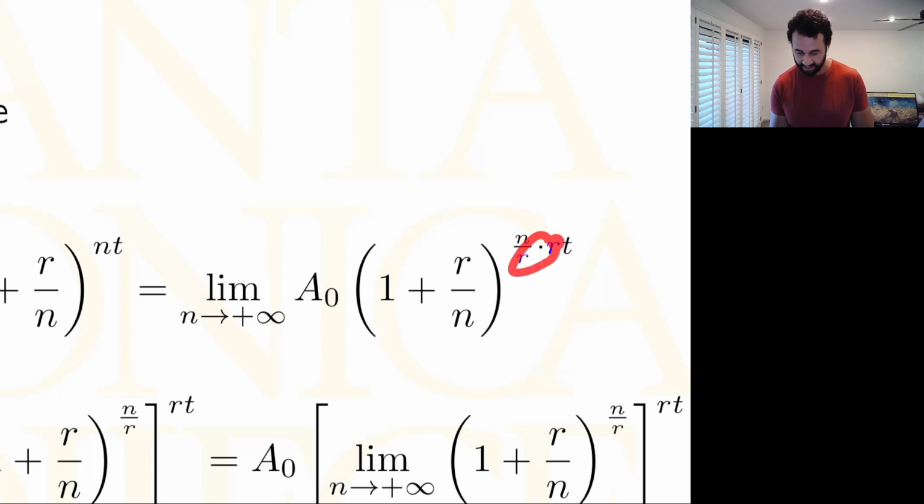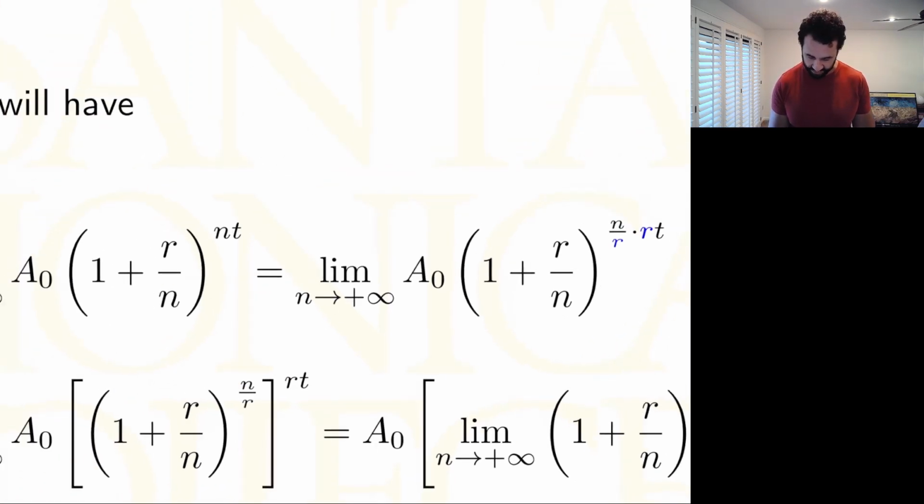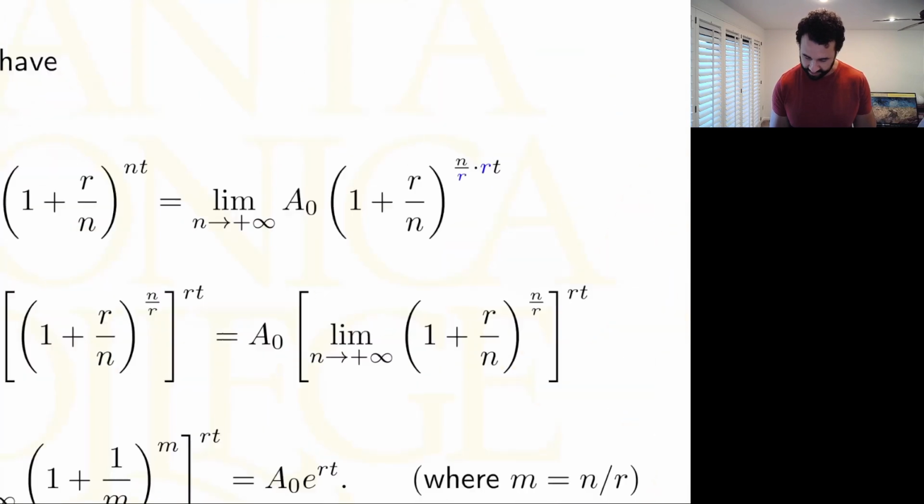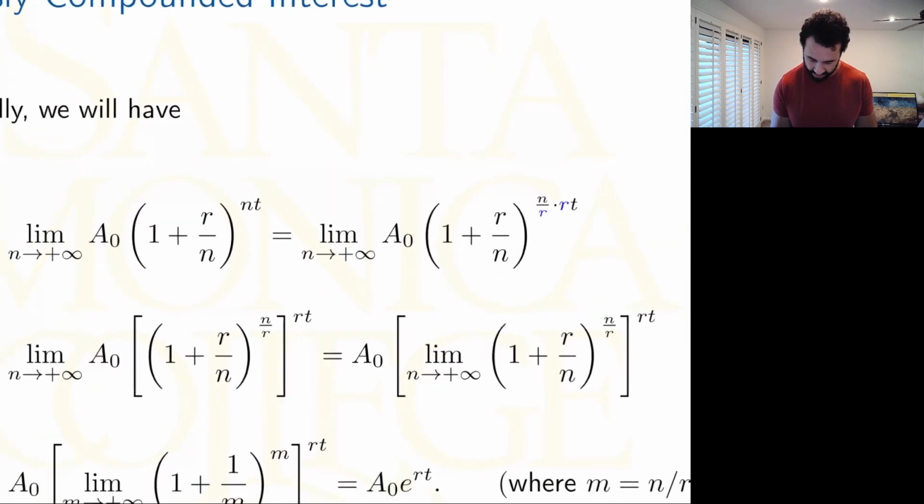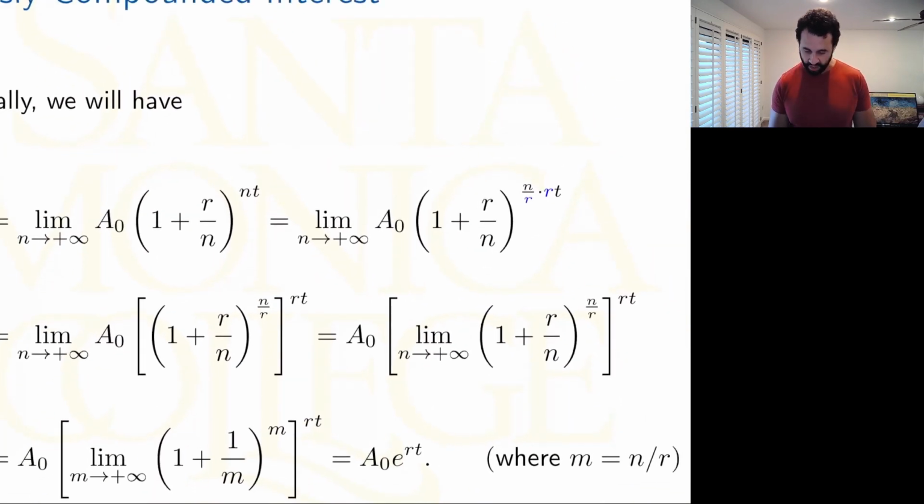And we're going to do it right here. Multiply nt by 1, except we're going to write 1 as r over r. And there's a reason for that, because now what we can do is pull things apart.